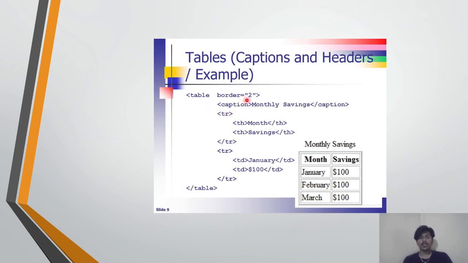Now, caption monthly savings is the name of the entire table, and here we still have the border size as 2. Starting with the tr, this is the table row, and then we use the th tag as table heading. th month is taken as column 1's table heading, and then again th savings slash th, we have closed the th.